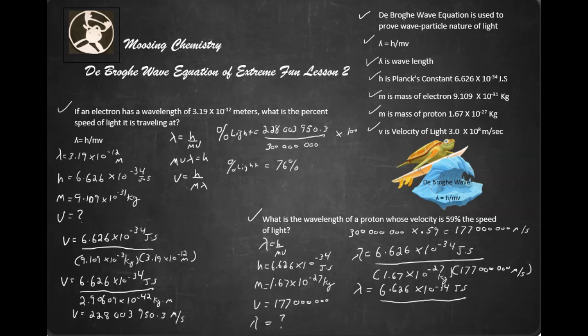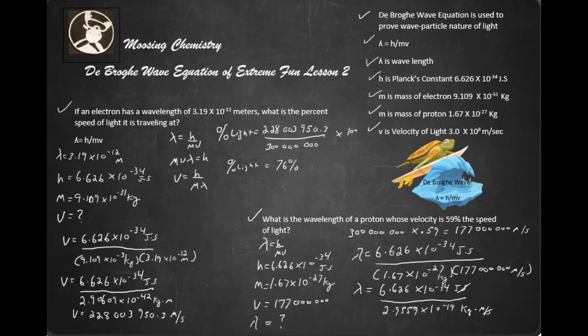Okay, so this is going to give me 2.9559 times 10 to the negative 19, and this, of course, was kilograms times meters times seconds. The seconds will cancel out, okay, we know that.